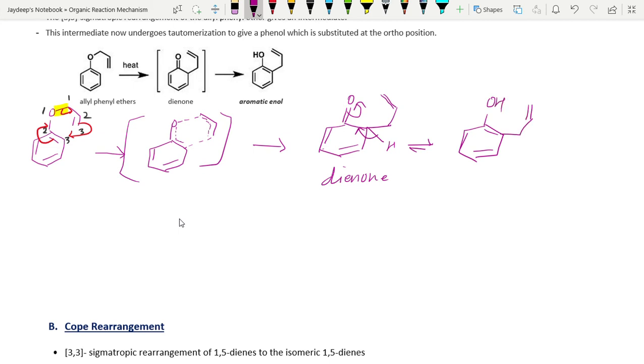Now it forms a substituted phenol. This is a substituted phenol, or we can say that an aromatic enol is there.